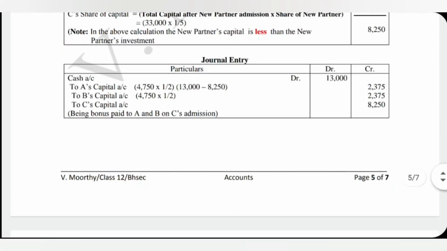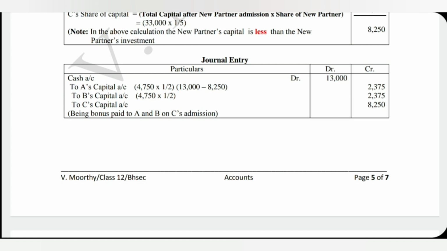How does the journal entry have to be passed here? The journal entry is cash account to be debited, A's capital account to be credited, B's capital account to be credited, and C's capital account, that is the new partner's capital account, also to be credited. 13,000 is the amount of money brought by the new partner, and the share of the new partner is 8,250 according to the calculation above. Now the difference comes to 4,750, which has to be divided according to the profit sharing ratio.